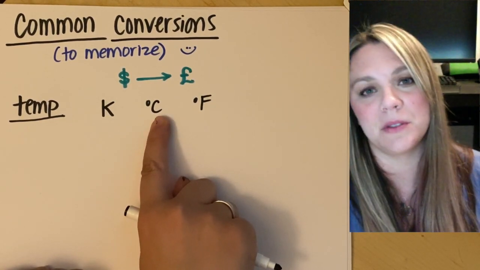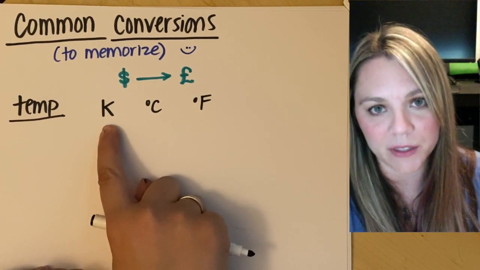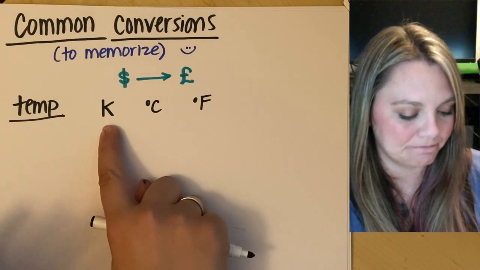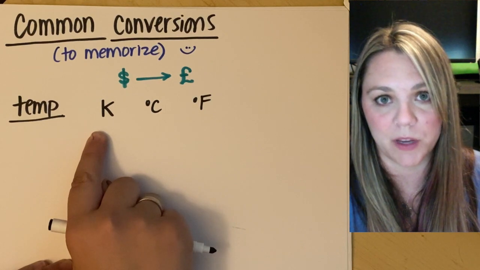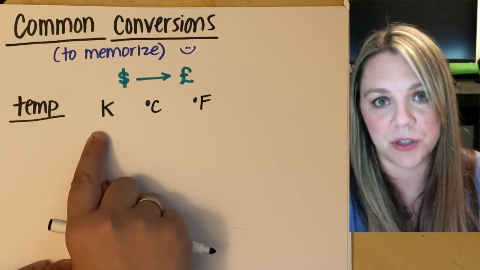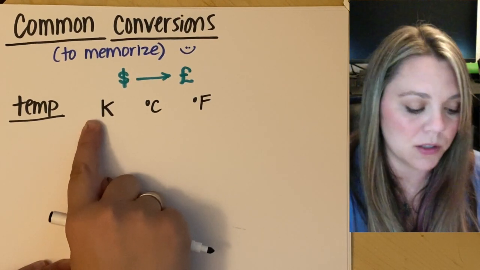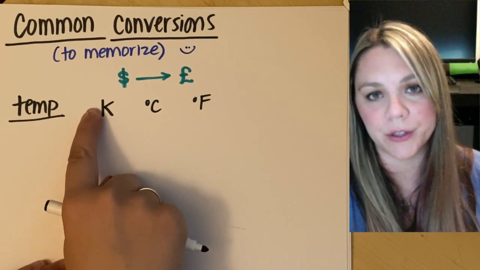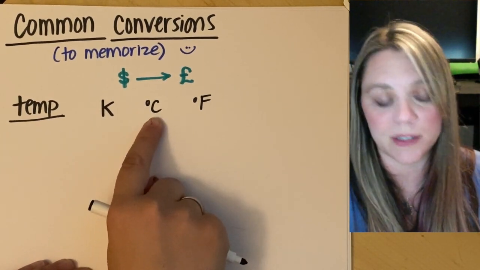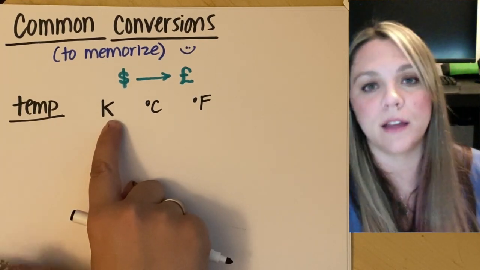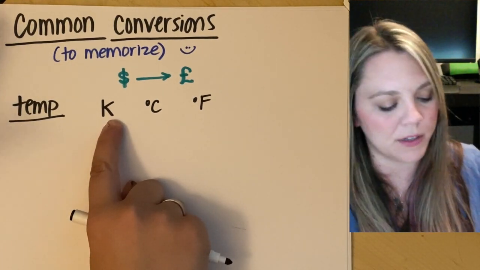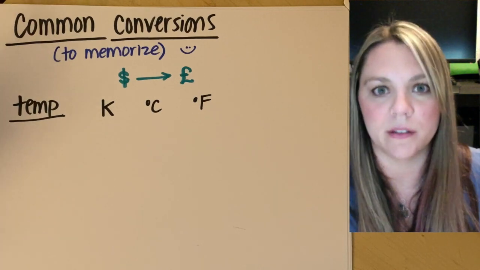We will sometimes use Celsius. We will sometimes use Kelvin. So you have to make sure that you know how to convert back and forth between your temperature units. Also, fun fact, Kelvin does not have a degree symbol. Celsius is degrees Celsius, Fahrenheit is degrees Fahrenheit. They decided Kelvin was so important it wasn't degrees Kelvin, it's just Kelvin.